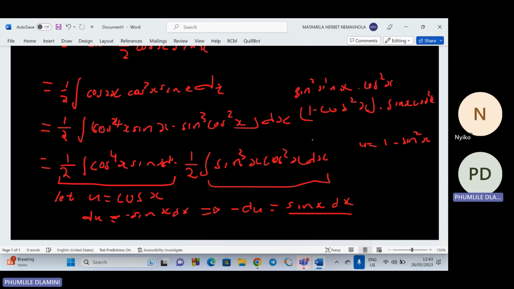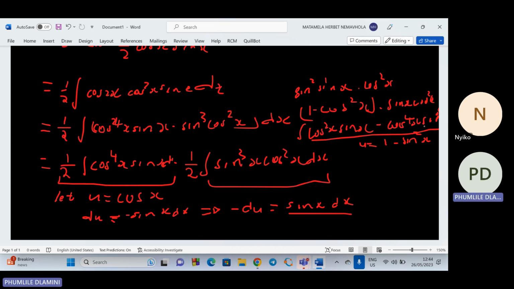So that I can have cos squared x sine x minus cos to the power 4 x sine x. So if you see now, this one can be changed properly, because I will have sine x dx, and on this side I will also have sine x.